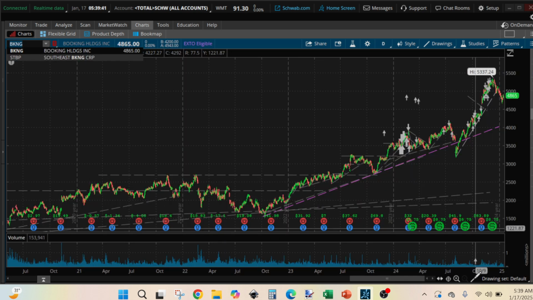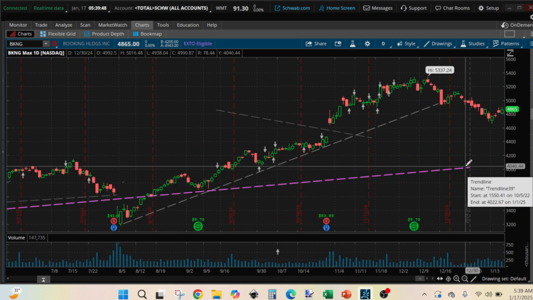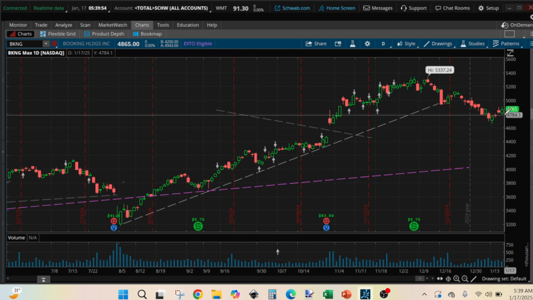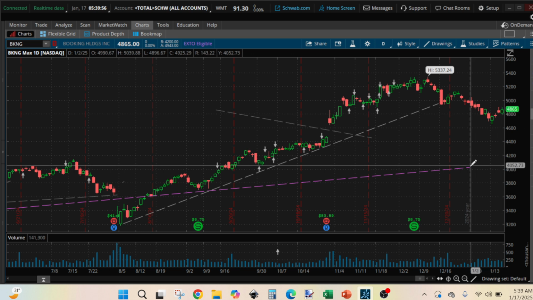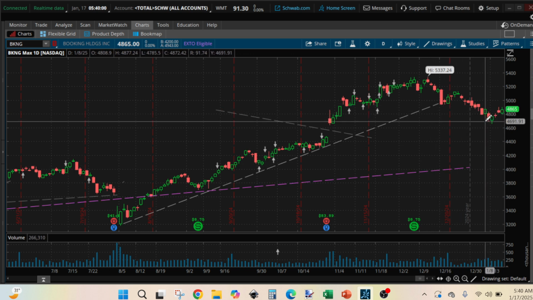So BKNG, we are going to buy at this long uptrend line that we colored purple, but right now the price is higher up. Has this trend line ended? You know a trend line ended when you are having lower lows.